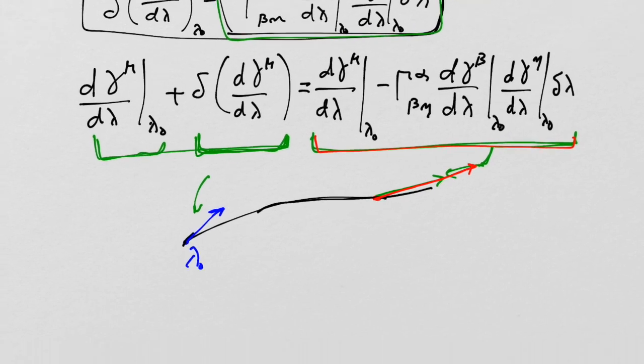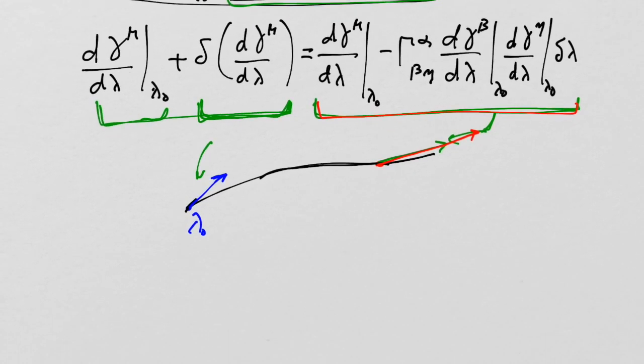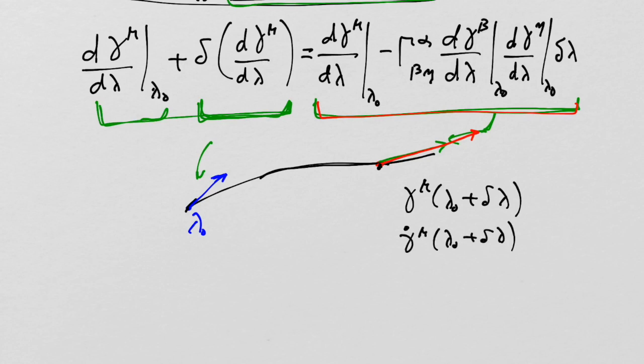All right, so what is the tangent vector at the new point? Not difficult. Let's see, how are we going to write it down? Well, first of all, this new point here is gamma mu of lambda 0 plus delta lambda, right? We all agree that that's what that point is. Then the tangent vector is this thing plus delta lambda.